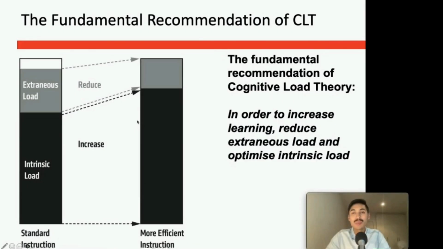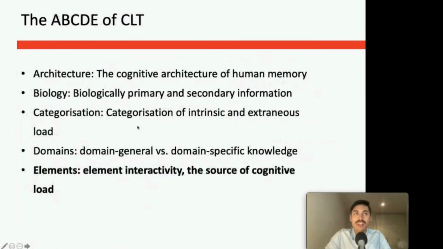So we're essentially reducing extraneous load to make space to optimize intrinsic load. And we say optimize because sometimes if the task is too complex, we need to reduce intrinsic load, or sometimes if there's still space in working memory, we want to increase intrinsic load, but we always want to reduce extraneous load. So that's the second idea, the categories of intrinsic and extraneous load.